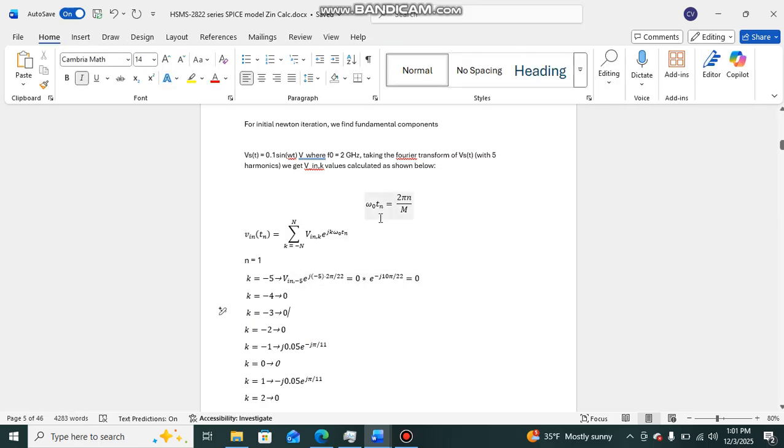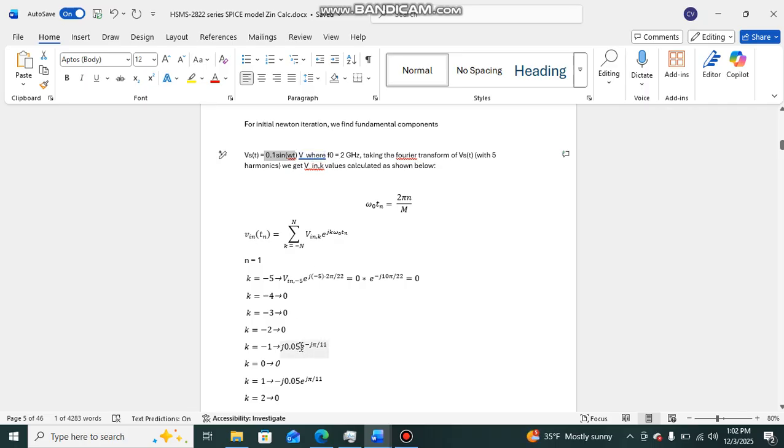So we will do an example here. Let's figure out how we get this part here. At the fundamental, we find the frequency domain voltage by taking the Fourier series, the Fourier transform of the voltage supply, which is 0.1 sine omega t, where the fundamental is 2 gigahertz.